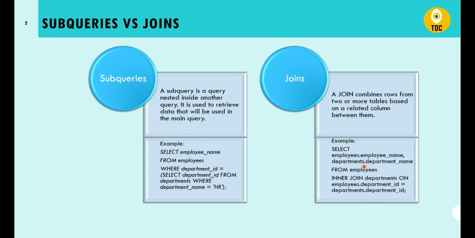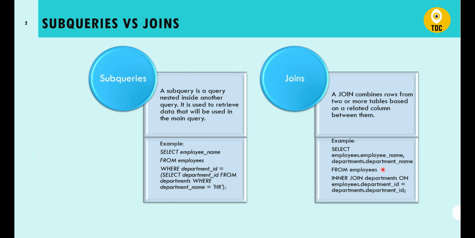What we are trying to do is get the department name in your query. The department name is not in the employee table, so you are joining the employee table with the department table, so that you can get the department name.